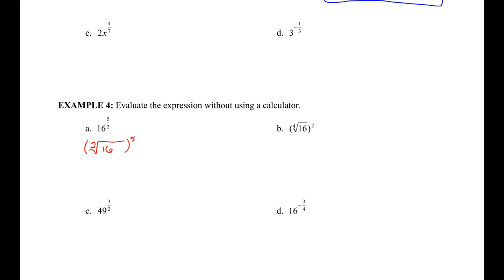And it's easier for us to look at it like this because we know that the square root of 16 is a positive or negative 4. And for these problems, we're going to use a positive 4. So this becomes 4 to the 5th power. And this would be a little bit tedious to calculate by hand, 4 times 4 times 4 times 4 5 times, but it would be possible, and it would get you an answer of 1024.